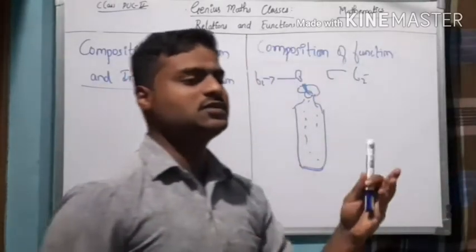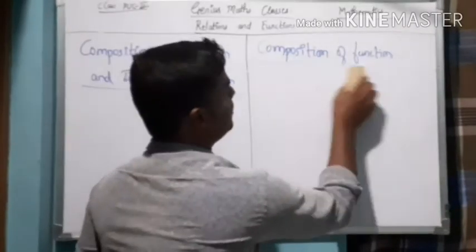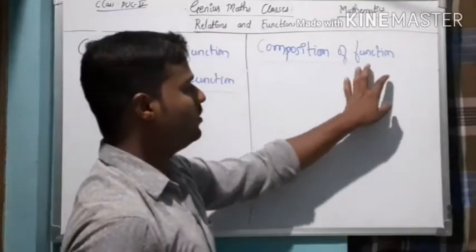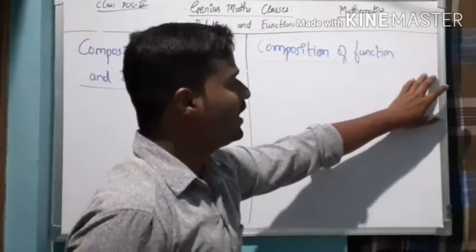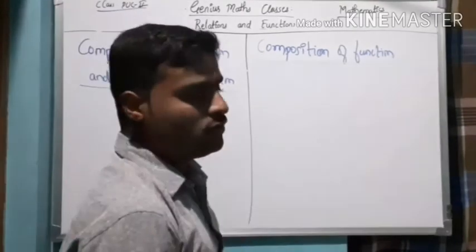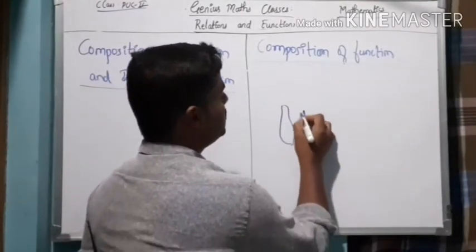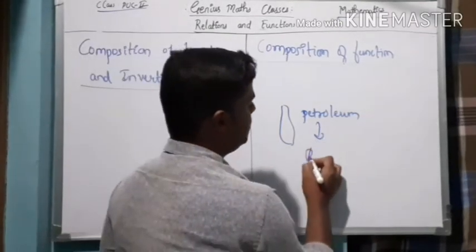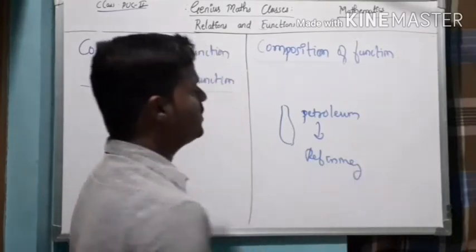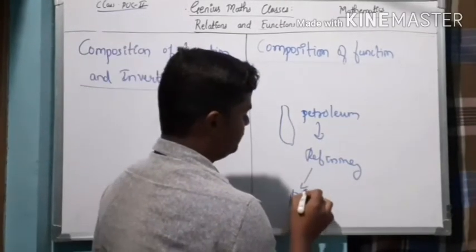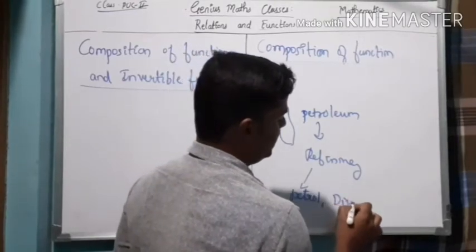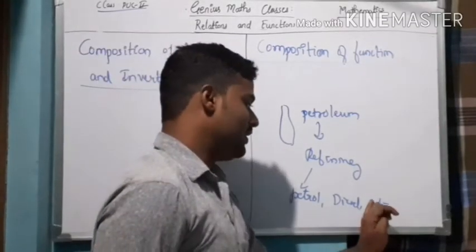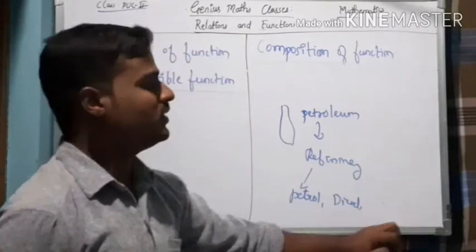We have many other real world examples for the composition of function. For example, extracting petroleum materials. We want to get petrol and diesel separately. First, we need to extract the petroleum, then after refining, by these two processes we will get petrol, diesel and other extra materials, for example the wastage materials.